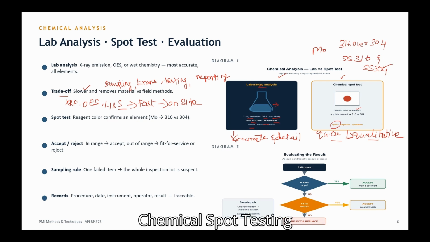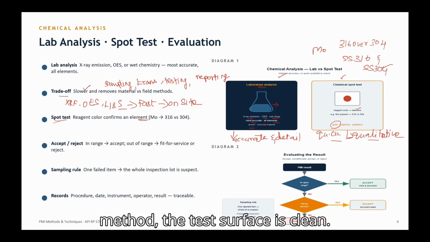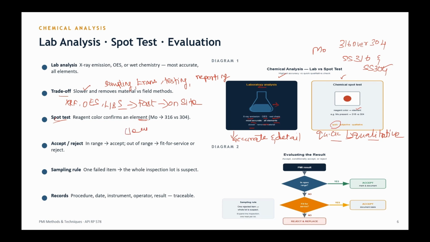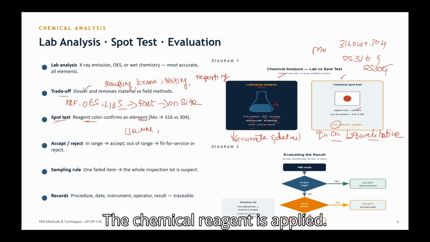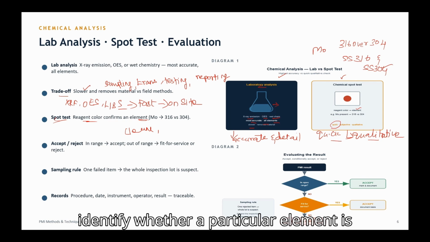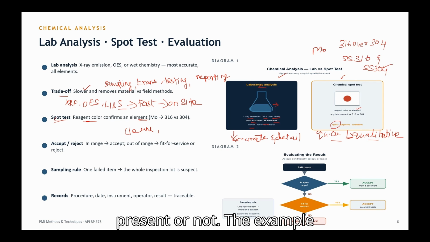And the next is chemical spot testing. Chemical spot testing is a simple and quick method used to confirm the presence of certain elements. In this method, the test surface is cleaned. The chemical reagent is applied. Based on the color change, we identify whether a particular element is present or not. The example is the molybdenum test.